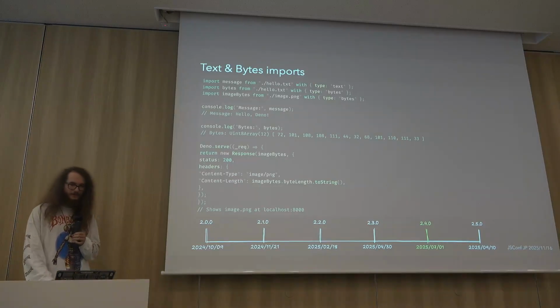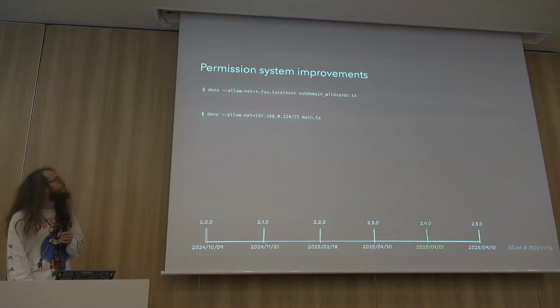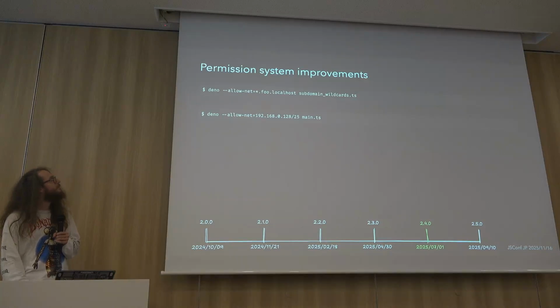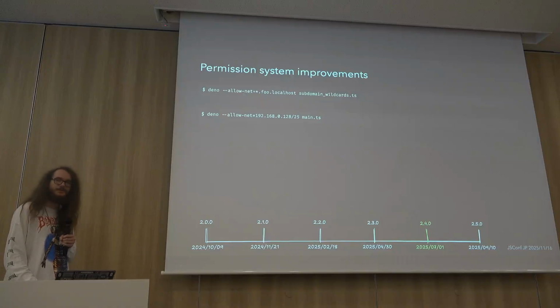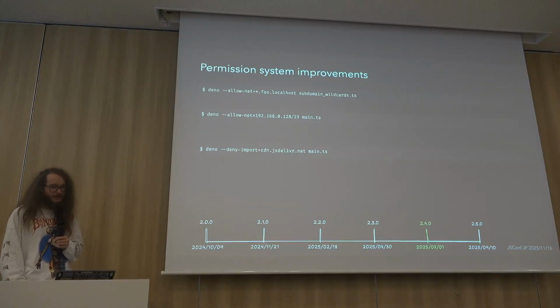Then we have permission system improvements. So now you will be able to specify wildcards for allow-net, and also CIDR-like strings for allow-net. So you can have ranges of IPs and domains that you want to support. And also a while back, with Deno 2, we added allow-imports flags, which basically specify which remote hosts the Deno imports can come from.